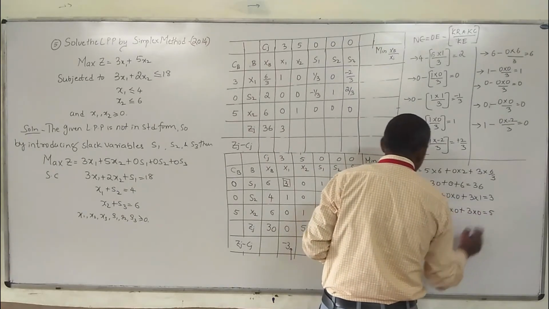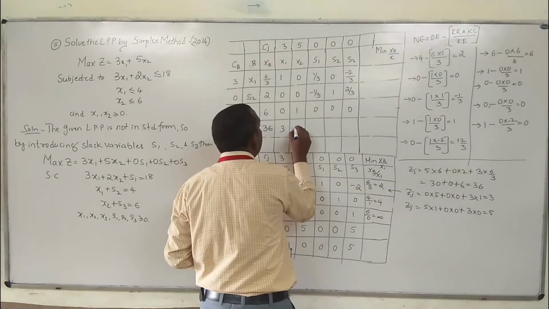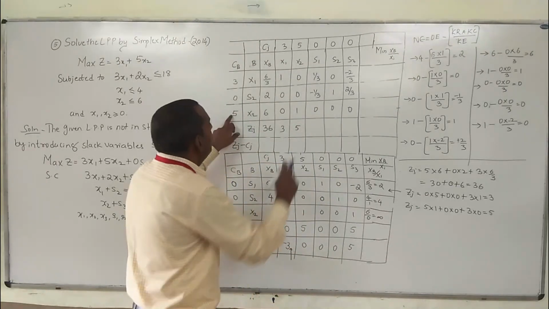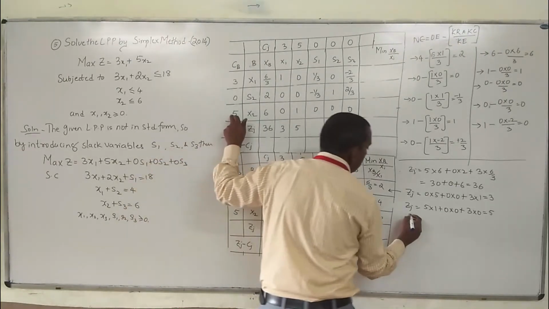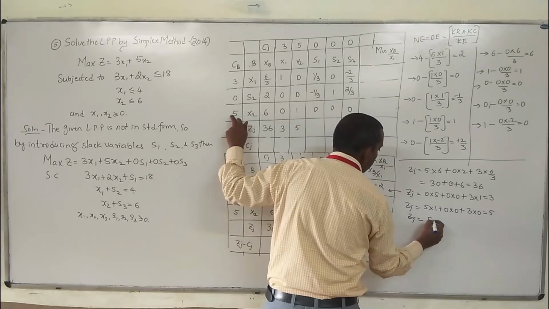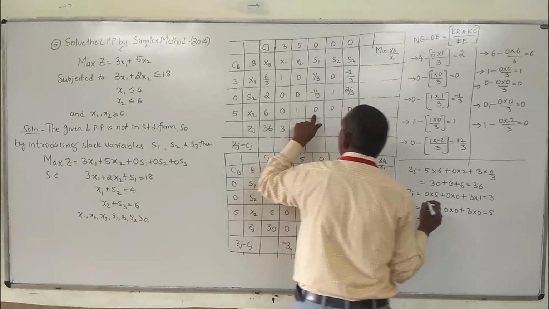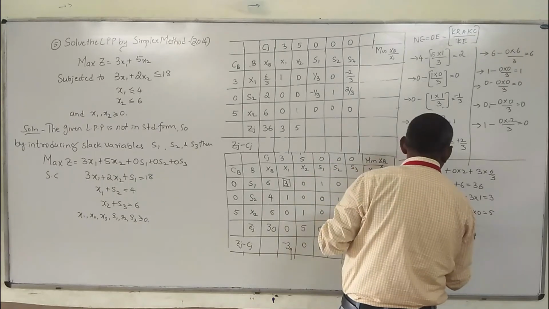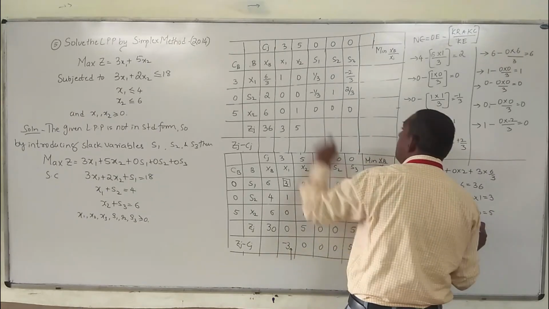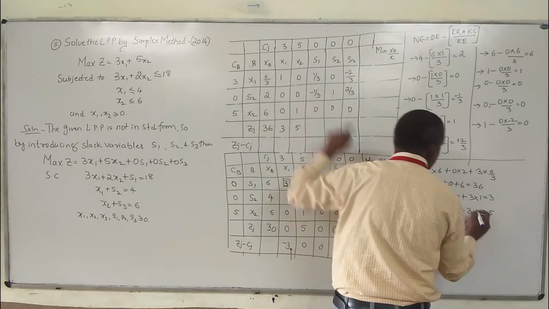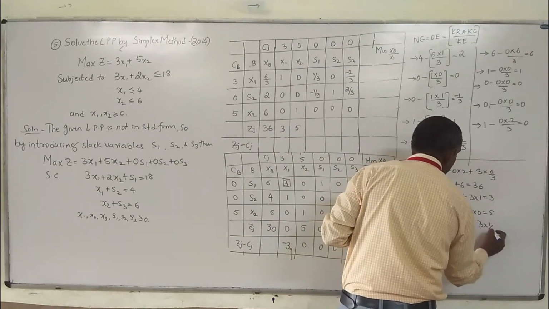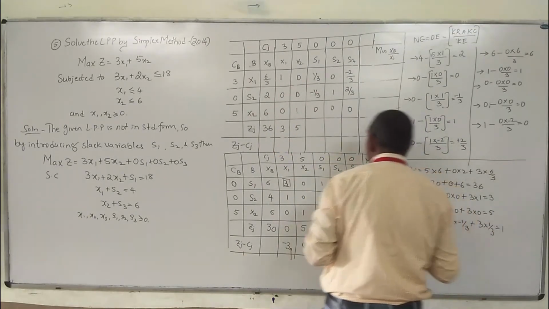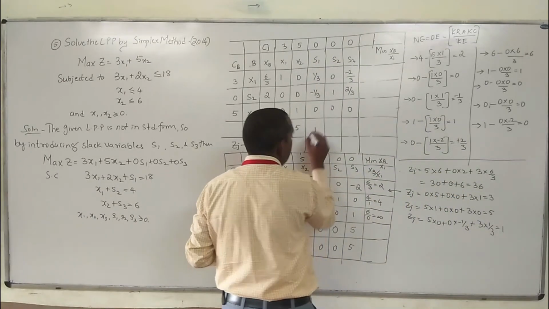The answer is 5. So let me write 5 here. In the same way, 5 into 0, then 0 into minus 1 by 3 plus 3 into 1 by 3. So the answer is 1. So let me write 1 here.